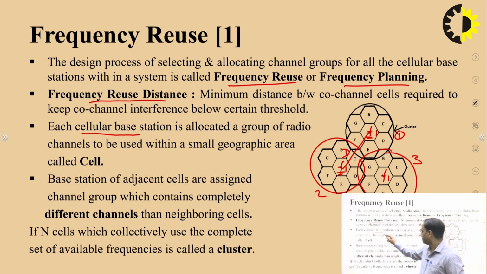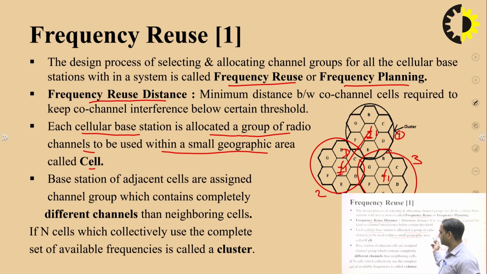Each cellular base station is allocated a group of radio channels to be used within a small geographical area called the cell. So when we say the cell, it is where the base stations are installed, and when the base stations are there, a number of channels can be allocated by the base station with the help of MSCs.